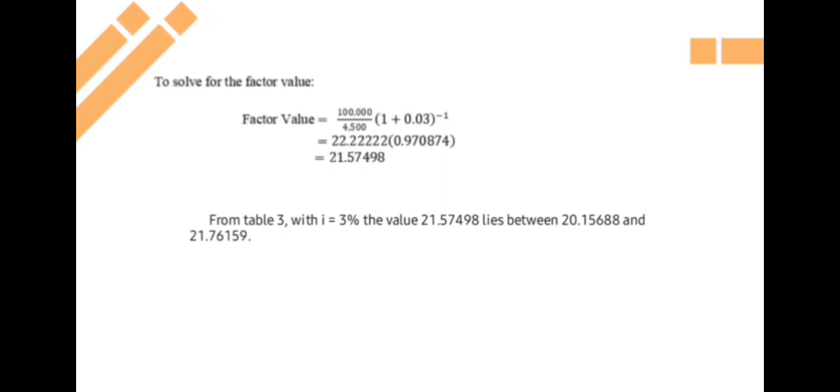Then we multiply it by our present value of 1. So, it will result in 21.57498. So, this is the value that we will locate in table 3. So, from table 3, with i equal to 3%, the value 21.57498 lies between 20.15688 and 21.76159.